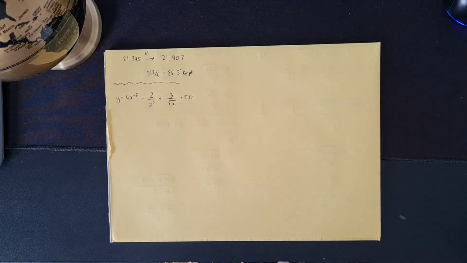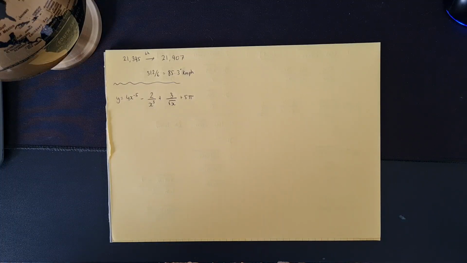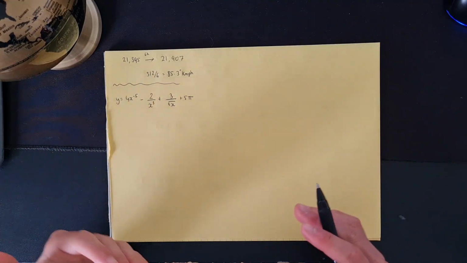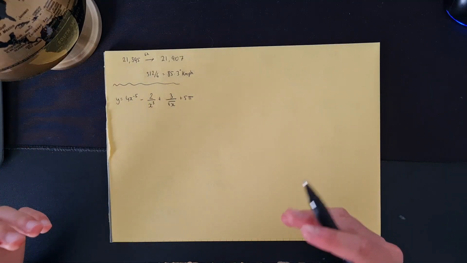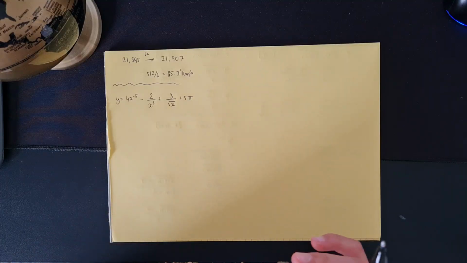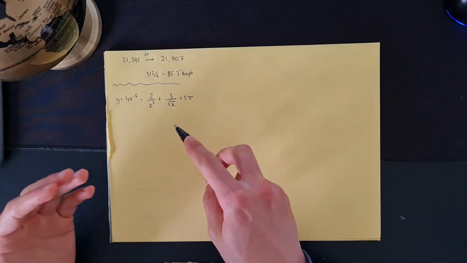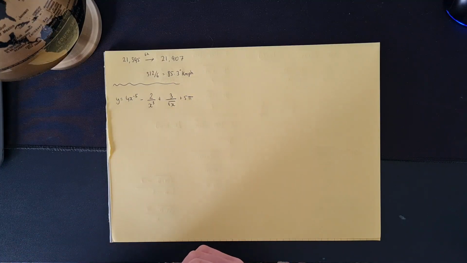Find the derivative of the following function. When we find the derivative, we're differentiating, and we're finding the slope of the function at a certain point.